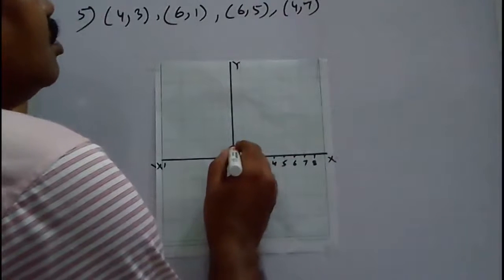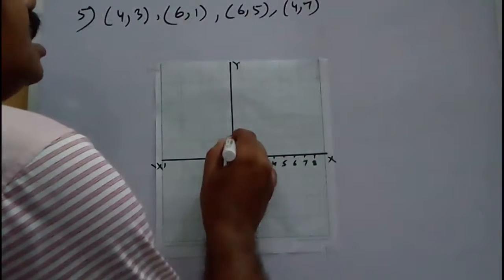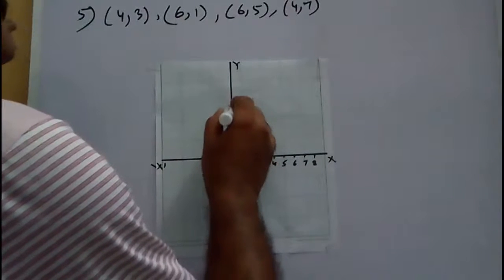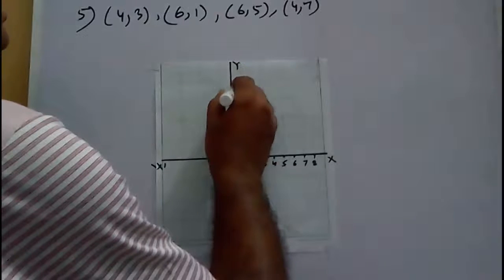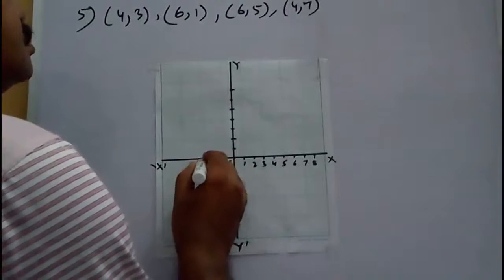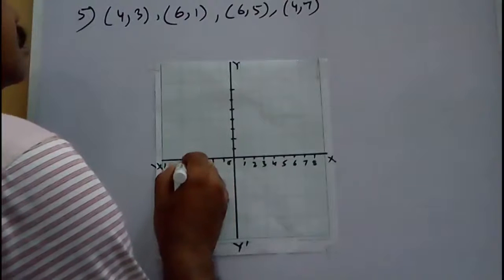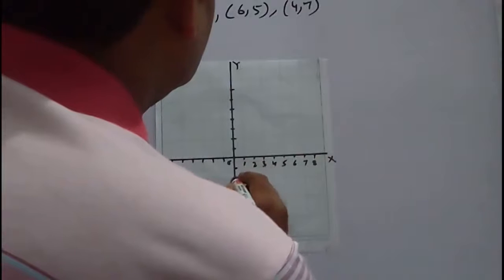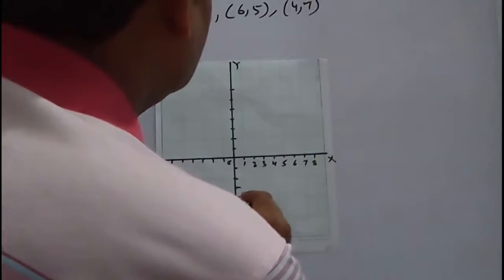So after 5, next 5 small squares. Mention those points. In this way on the left hand side. Go downward. In this way take the points.